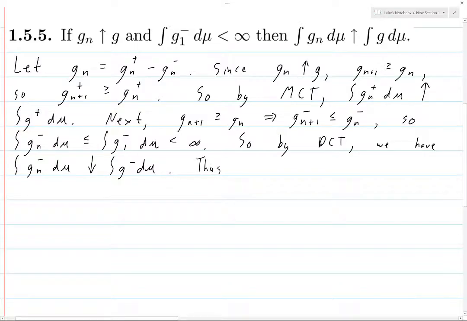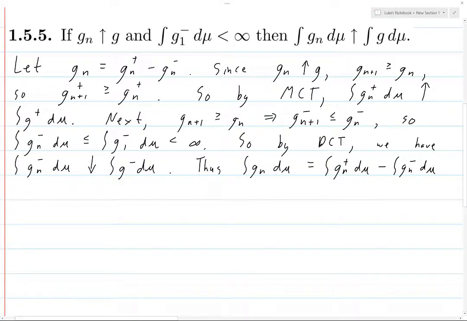And thus, if we look at the integral of gn d mu, we can break this up as the integral of gn plus d mu minus the integral of gn minus d mu, because we just break up gn into gn plus and gn minus, and then we break up the integral because you can do that with finite sums.